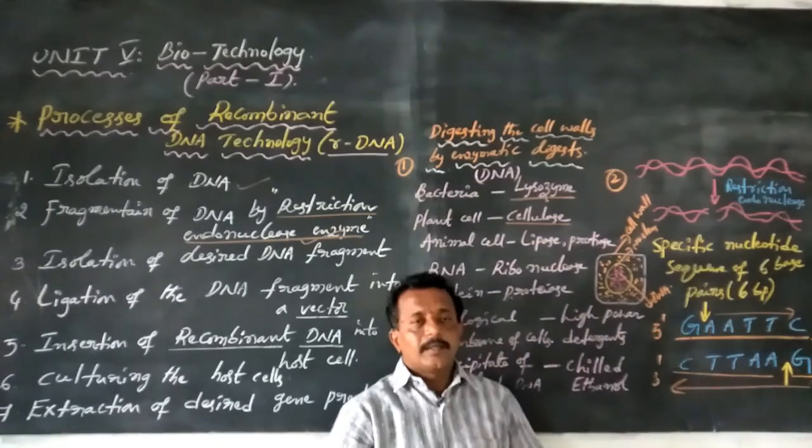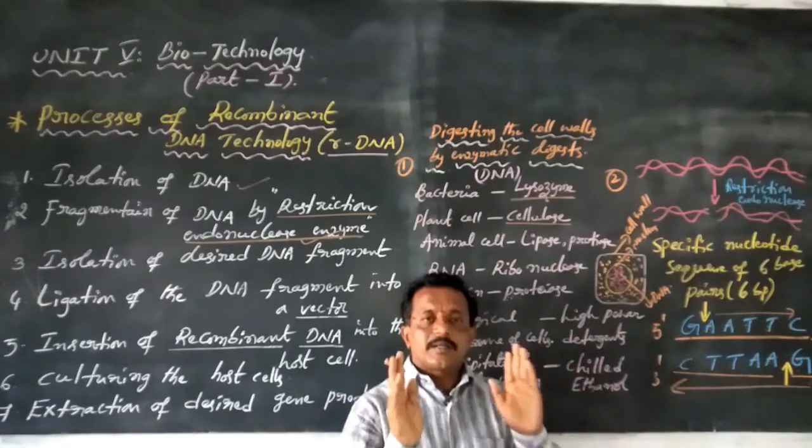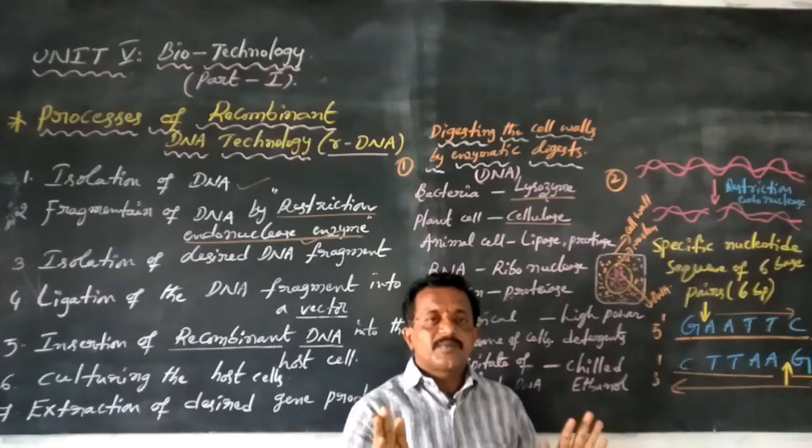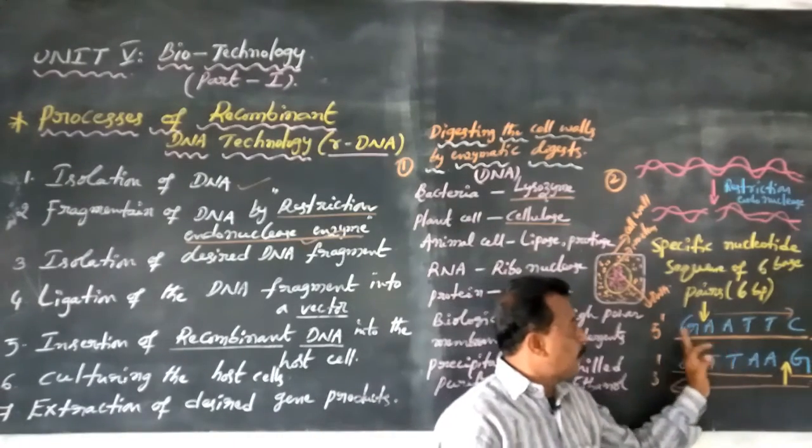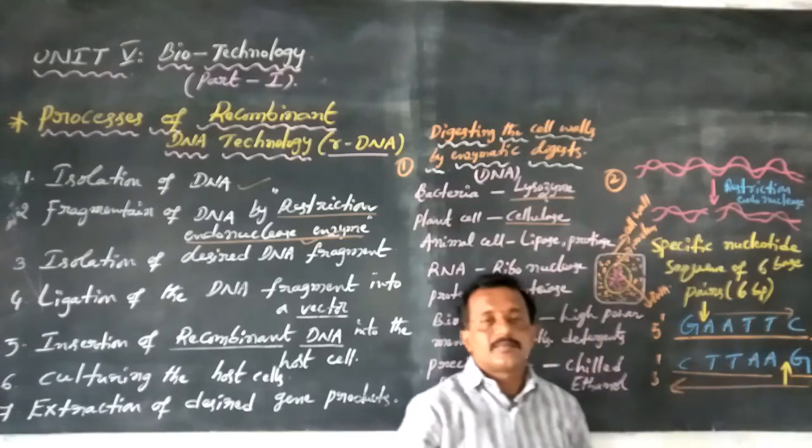Here, the restriction endonuclease enzyme always cuts the DNA molecule only between the guanine and adenine.